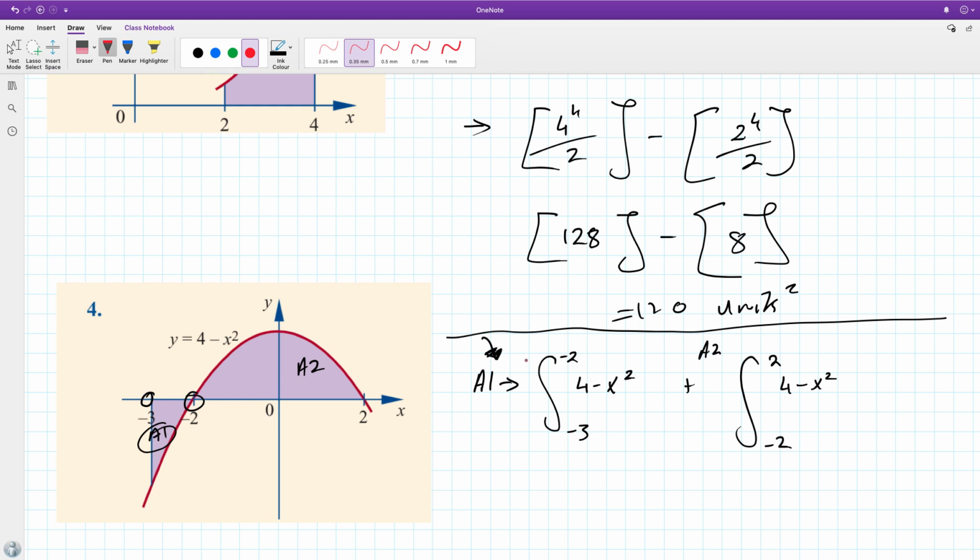So just even if you want to remind yourself, put your little red lines or something outside them so you know you've got to get the absolute value of that.